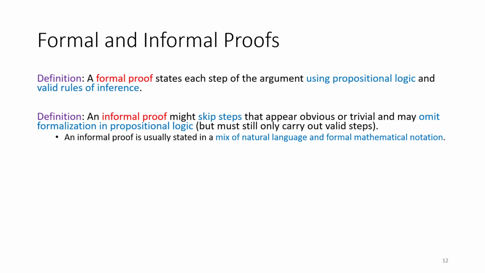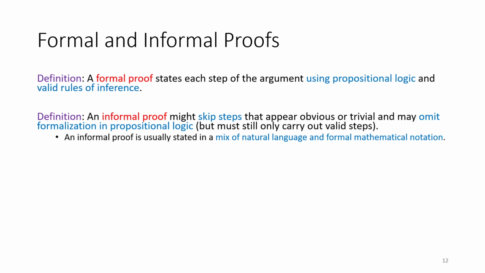And then we might also, and usually actually, omit formalization in propositional logic. Part of the reason we do that is because formalization in propositional logic becomes very tedious. And usually, as I've mentioned in the last couple of videos, our internal logical computer is typically strong enough that we can observe an informal proof and judge whether it is valid or not without having to see it brought all the way down to symbology.